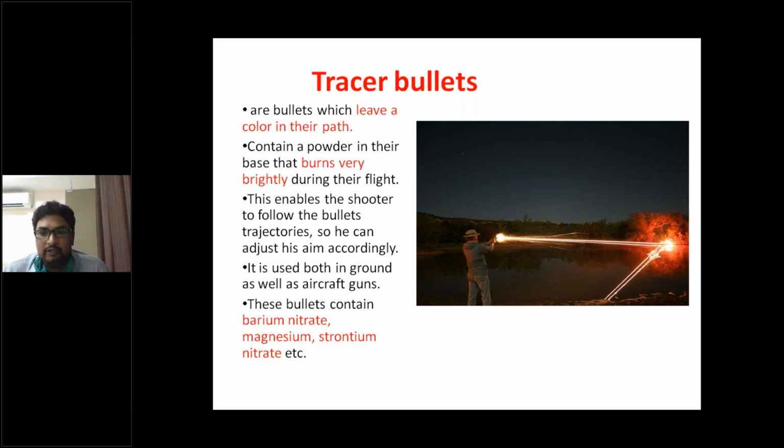If you want to adjust the path or the target, we can easily see this trace and the shooter can adjust based on it. The bullet is burning because of the barium nitrate, magnesium and strontium nitrate, and so we can know the path of the bullet.